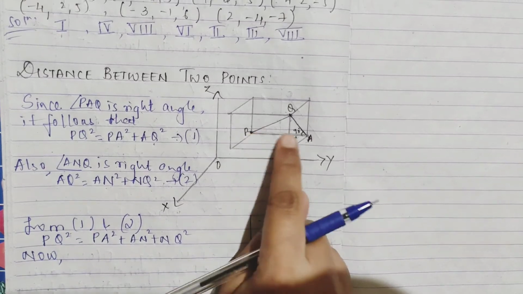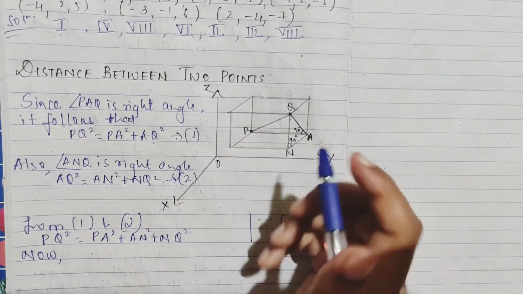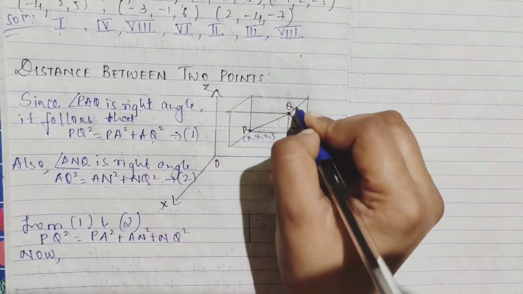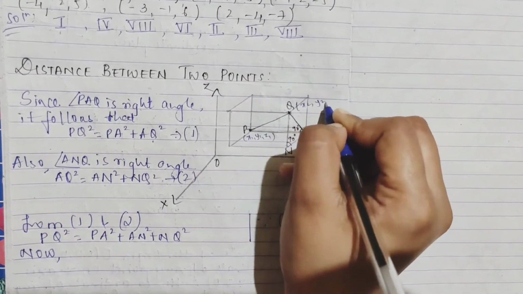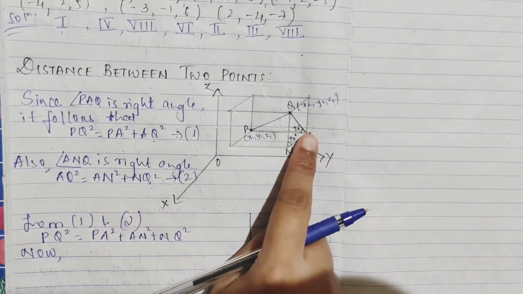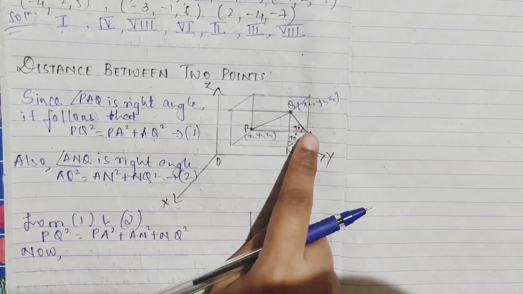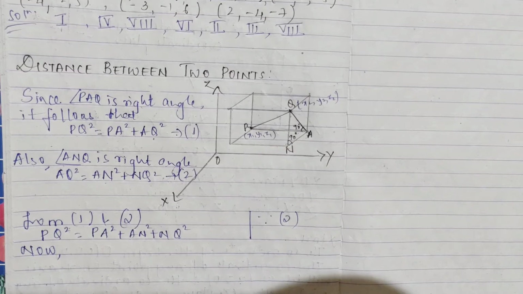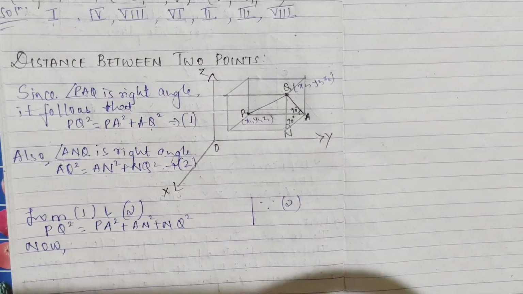Now considering your PA, your P point is x1, y1, z1, and your Q point is x2, y2, z2. Now we consider PA. PA you will take as y2 minus y1.